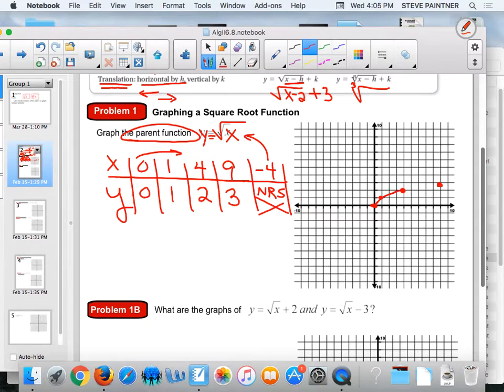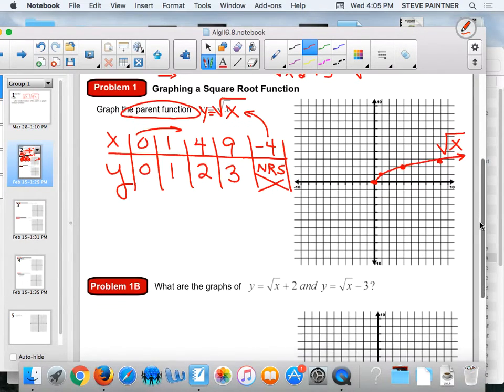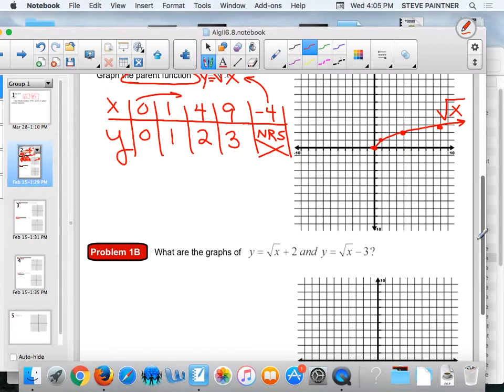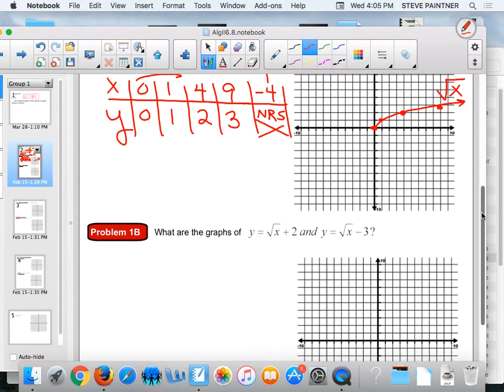Takes off like this. And this is what the parent looks like, the square root of x parent. Okay? So the square root function, the parent function, is graphed right there for you. Hopefully that makes sense, because what I'm going to ask you to do is draw this square root function and then move it right, left, up, down, stretch it, compress it, reflect it, all that good stuff.